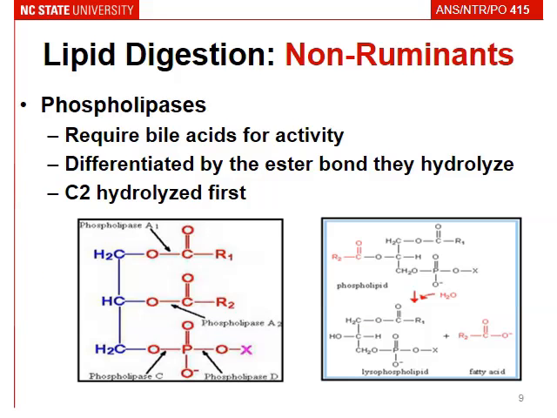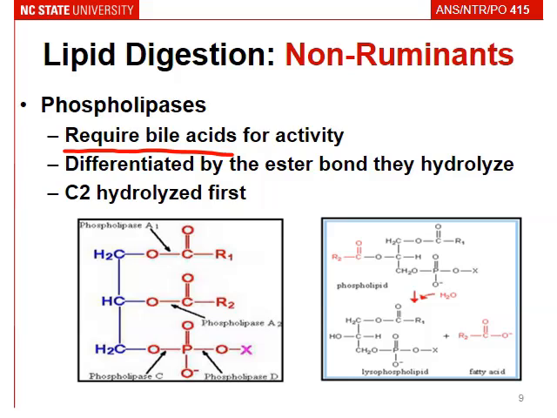Okay, our last classification of the enzymes is phospholipases. Our phospholipases also require bile acids or bile salts for activity, and they are differentiated by the ester bond they hydrolyze. As I said, there are multiple phospholipases.